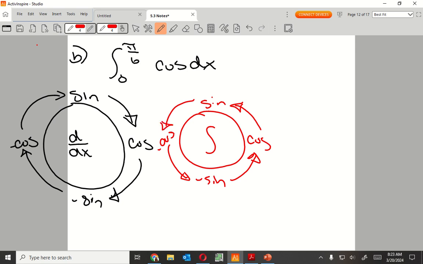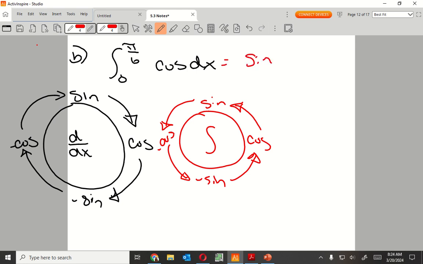So integration goes this way now. So what is the integration of cosine, or antiderivative of cosine? Oh, sine. Yeah, it's sine.